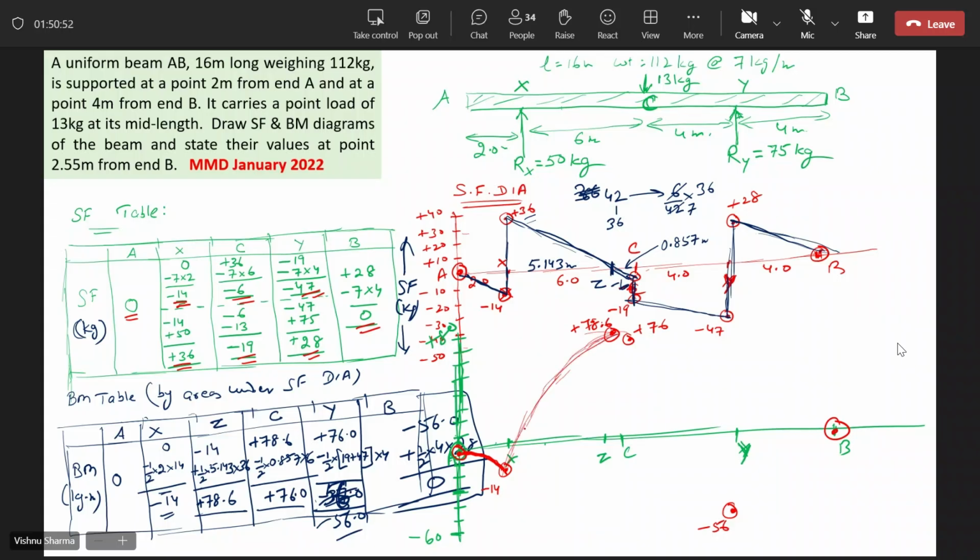Am I right, guys? Becoming 0 there, right? I've used a very small scale because I wanted to do it on the same page. It will reach a maxima at Z. The rate of change will become 0 at Z because it has reached the vertex of the triangle.